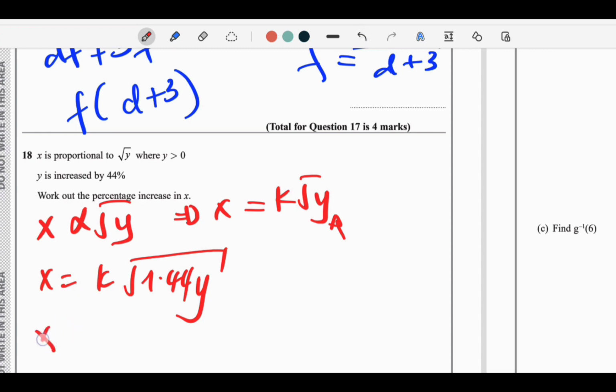Okay, so now x will be equal to k times the square root of 1.44. Well, that's 144, so it will be 1.2, because the square root of 144 is 12.